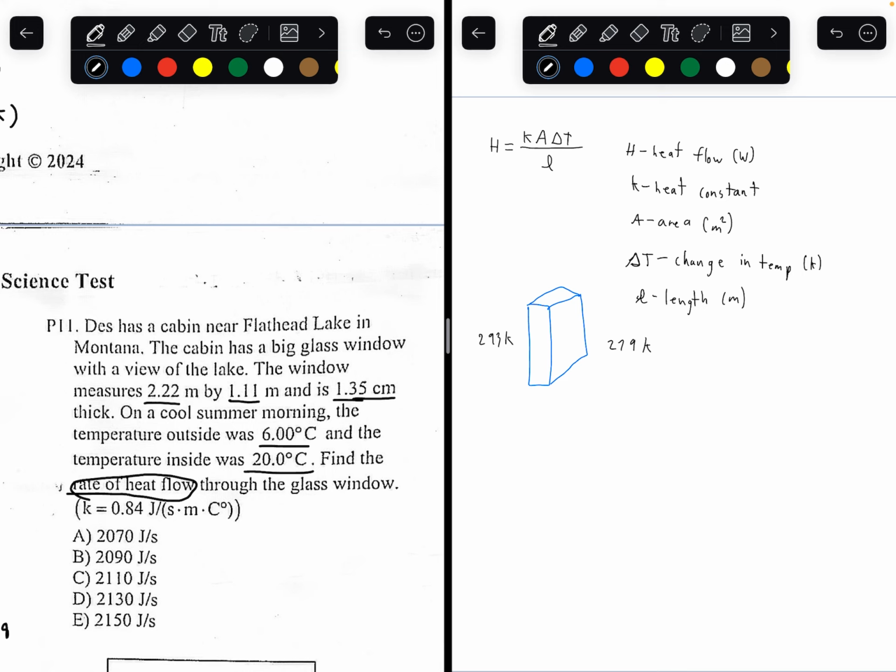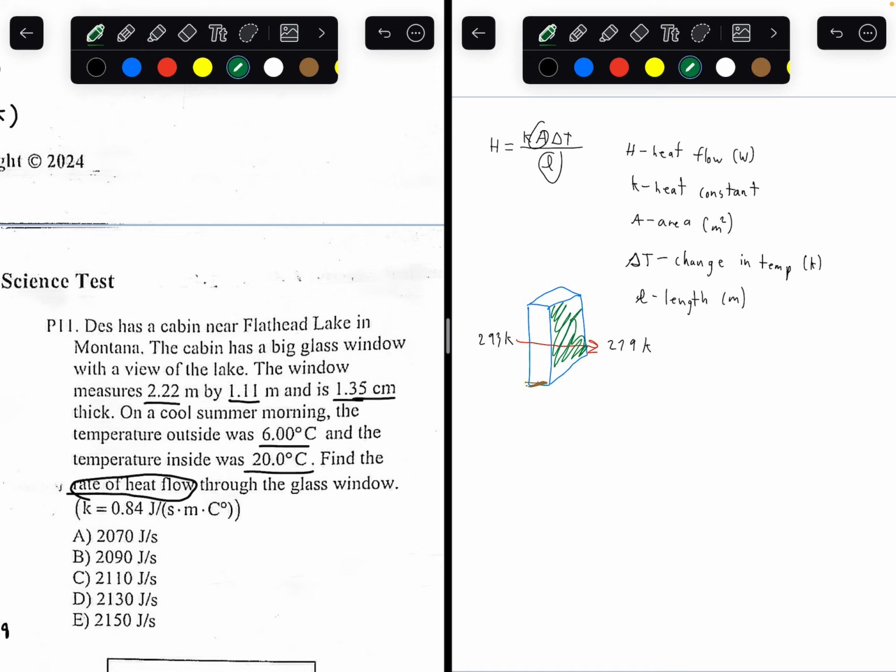If you don't know the formula to convert Celsius and Kelvin, 273 plus Celsius equals Kelvin. So you just add 273 to both of these temperatures here on the left side. There's obviously heat flowing from hot to cold through the window. What do I mean by area? I mean what I'm shading in green right now. That's the area that's passing through. And what do I mean by length? I mean this part I'm putting in brown.